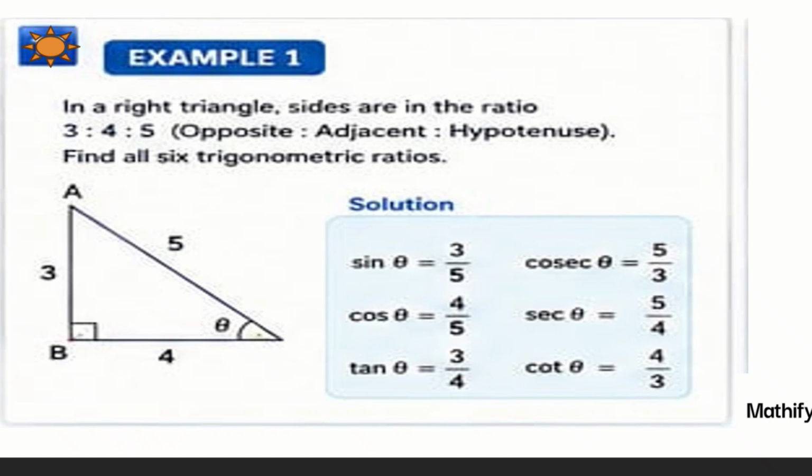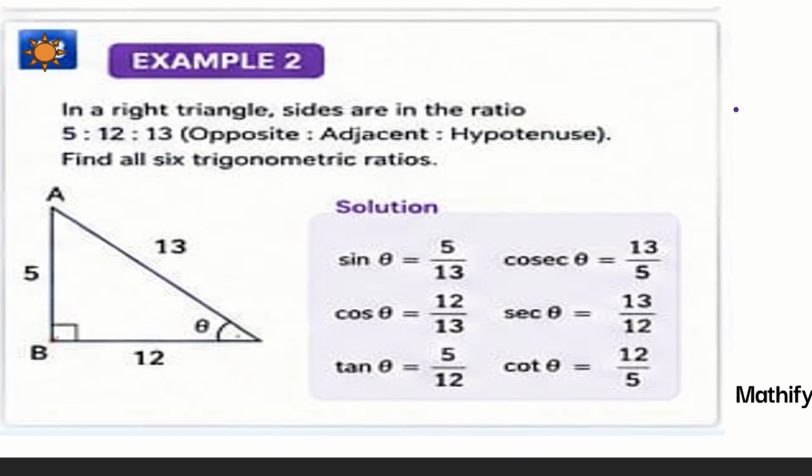Now let's do example 1. In a right triangle, the sides are in the ratio 3:4:5, opposite to adjacent to hypotenuse. Find all 6 trigonometric ratios. So how are we going to find it out?